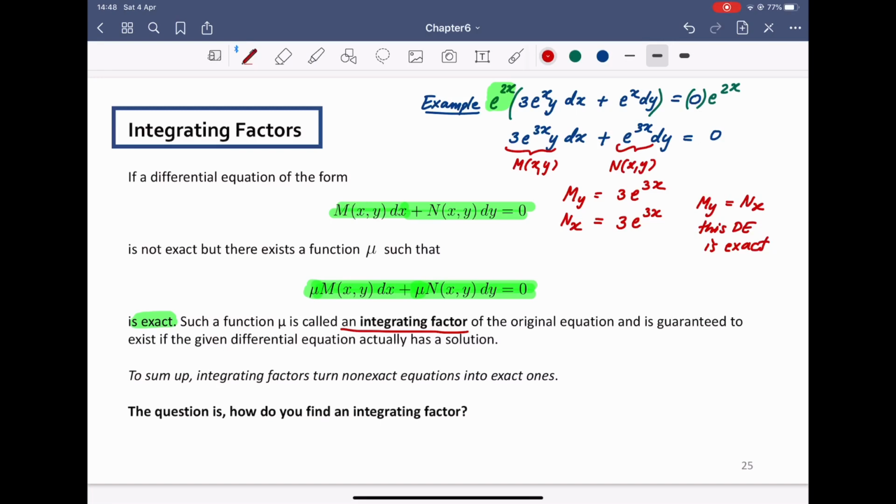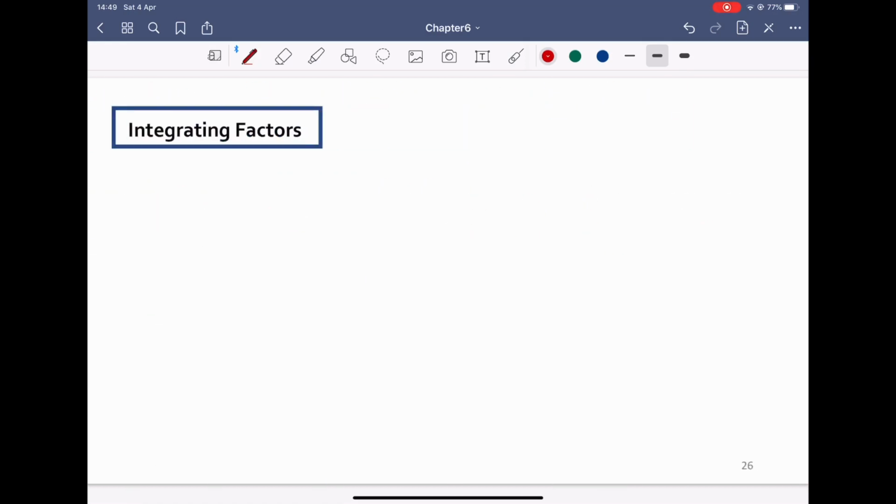So this integrating factor is a key to solving this kind of problem. On the next slides, we're going to learn how to find an integrating factor by using a theorem. To sum up, integrating factors turn non-exact differential equations into exact ones. So let's look at a theorem.